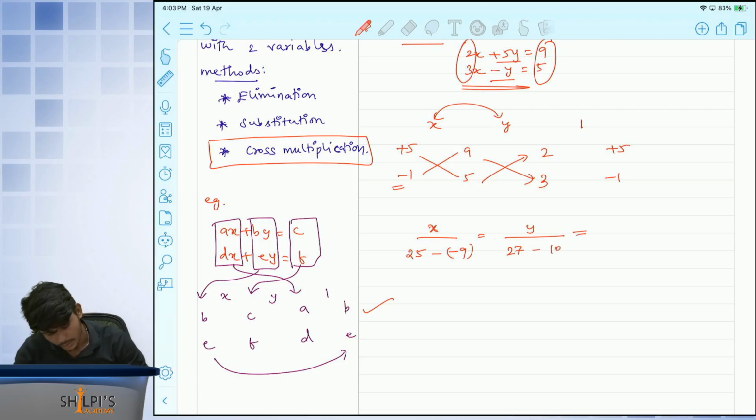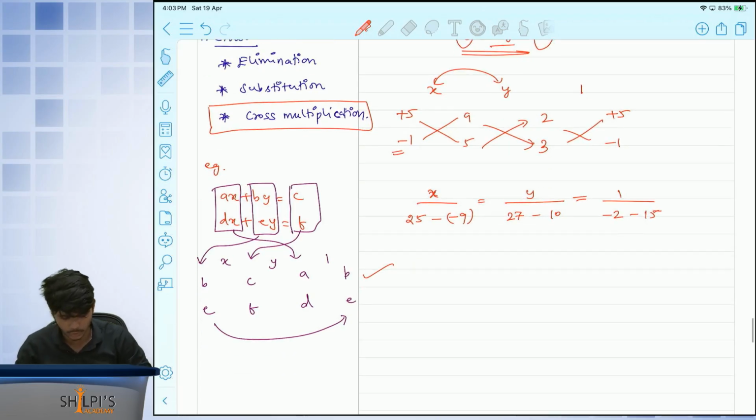And again for 1, 2 into minus 1 is minus 2, 5 into 3 is 15, put minus in between those two numbers. So if we simplify, it means 34 for x, 17 for y, and minus 17 for 1.